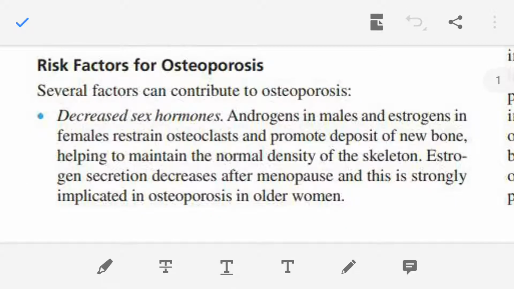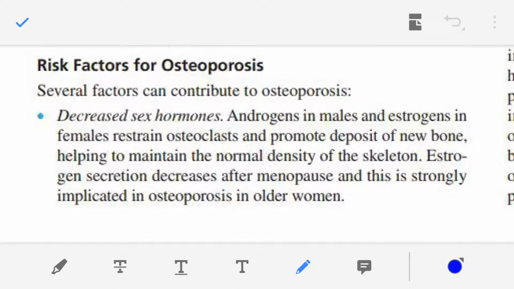Now, the causes or risk factors of osteoporosis, why osteoporosis occurs. There are several factors responsible for osteoporosis. Let's discuss all of them one by one. See, the first reason for osteoporosis to take place is decreased sex hormone.